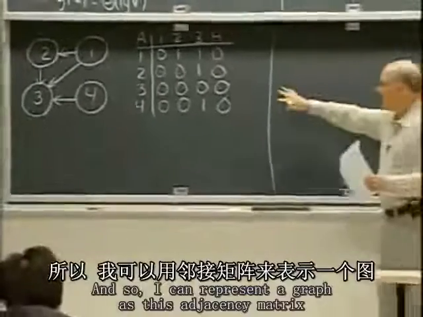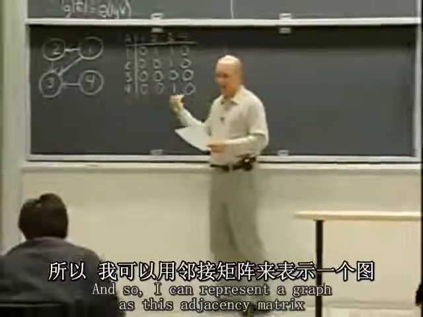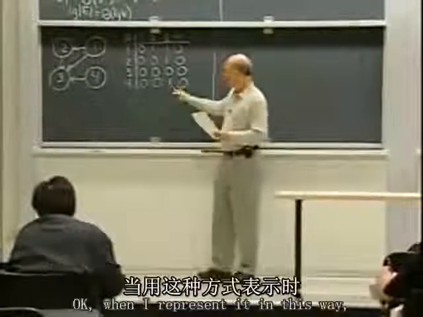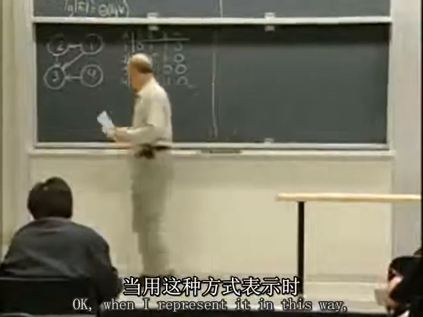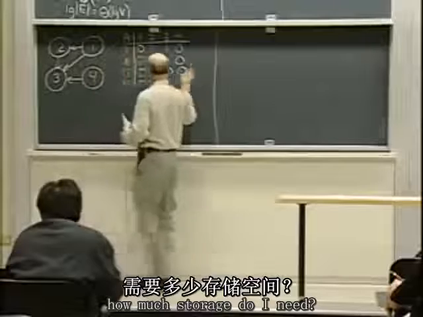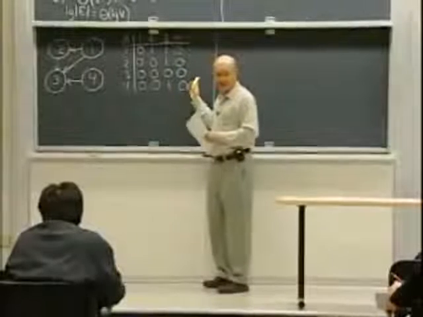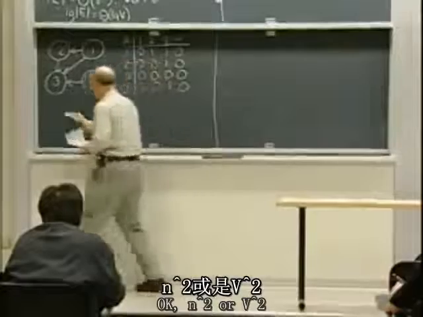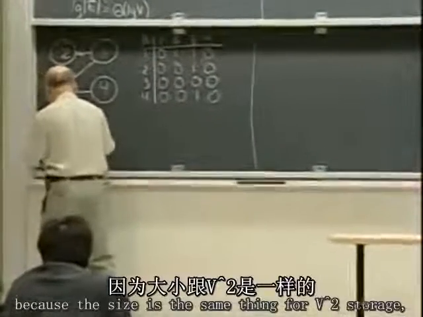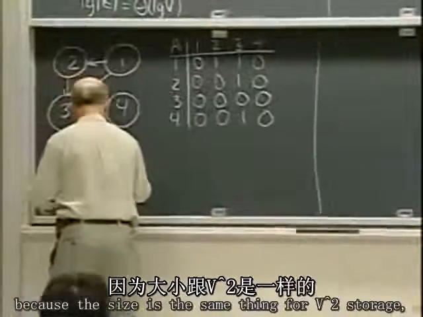And so I can represent a graph as this adjacency matrix. When I represent it in this way, how much storage do I need? n squared, or V squared, because the size is the same thing. V squared storage.